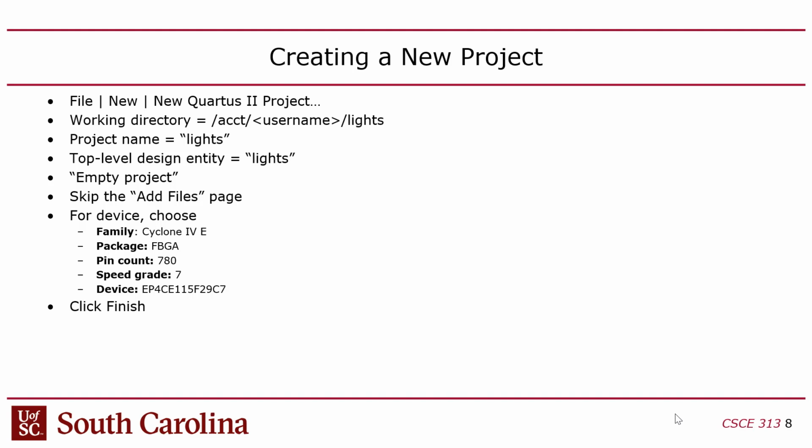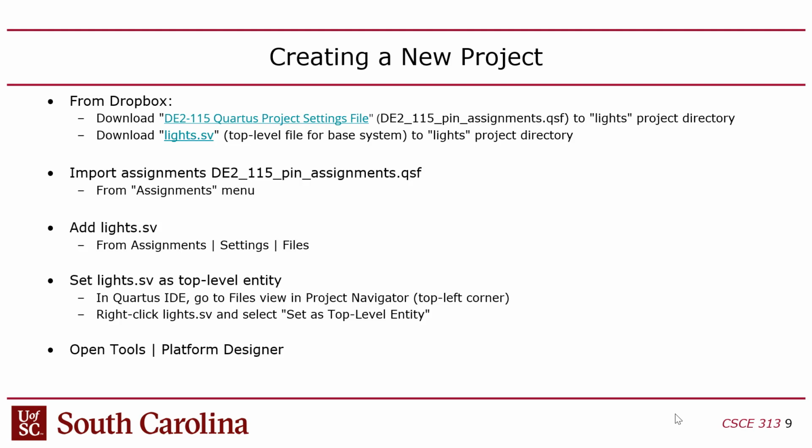Okay, so you click Finish on that, and then you have to download the pin mappings. So you have to import this pin mappings file. You guys know what the pin mappings does? That's what associates top-level pin names to actual numerical pins, right?